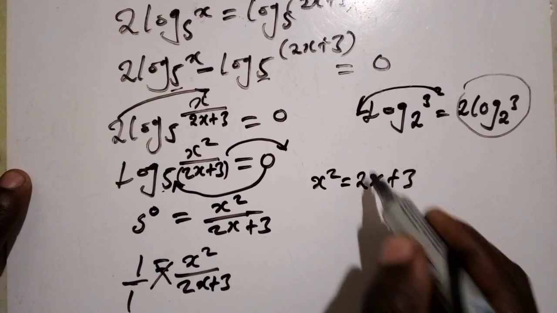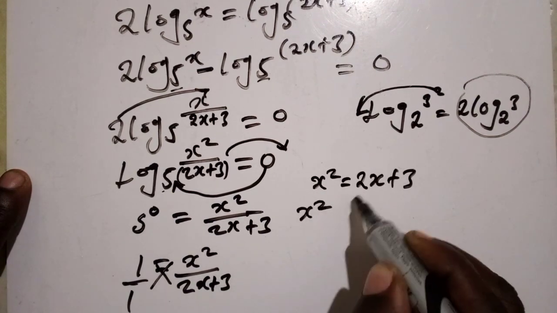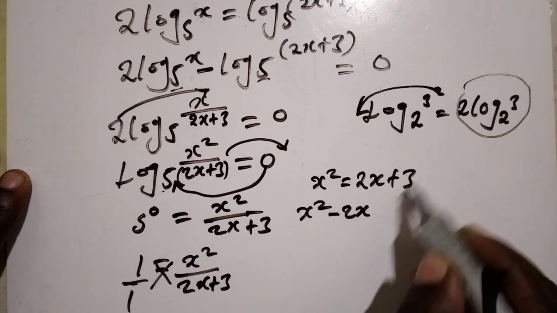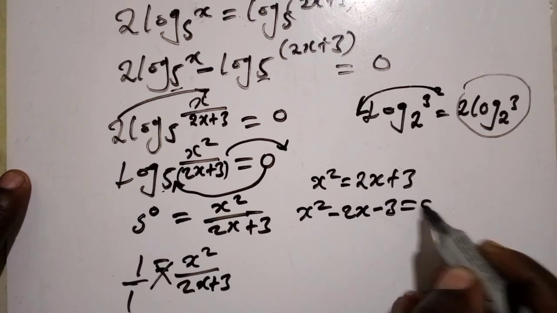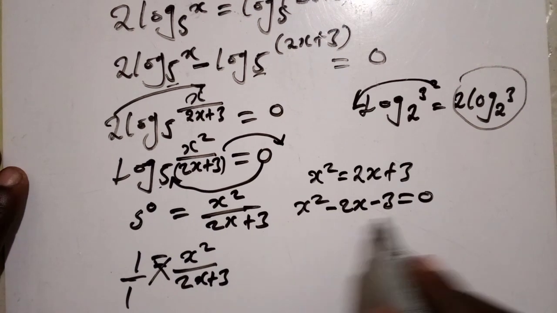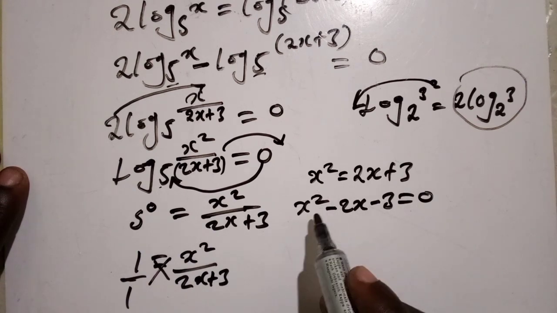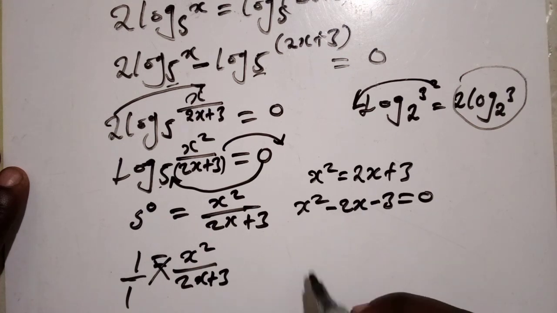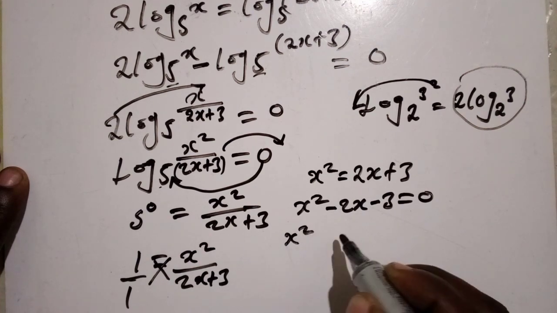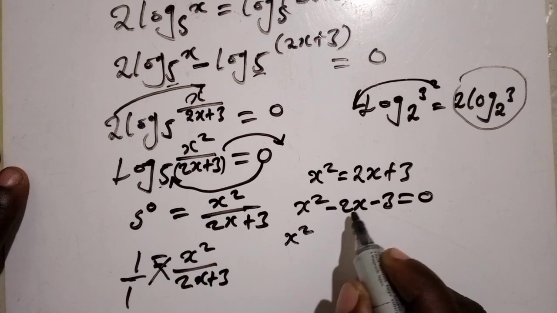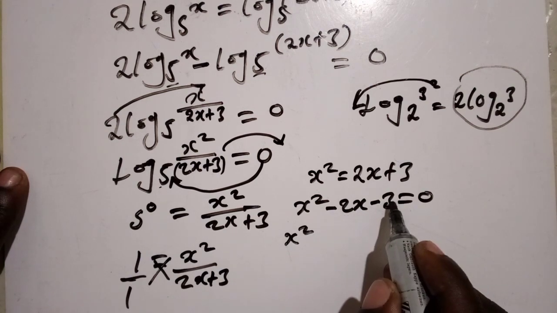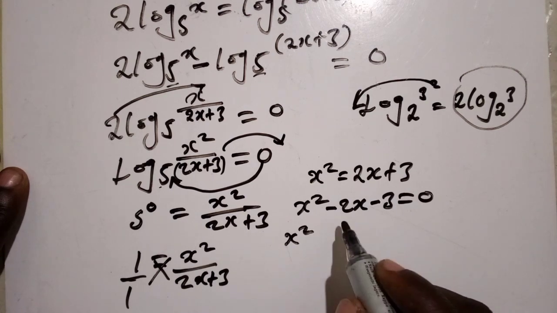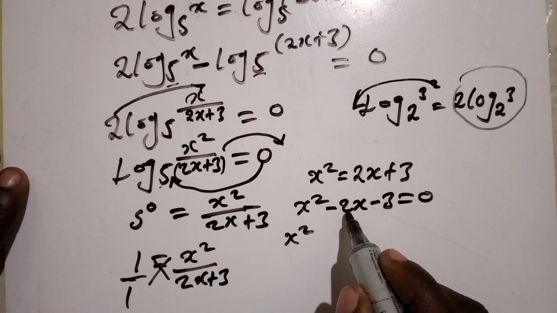Let's take all these terms to the other side, so it will be x squared. When 2x crosses the equals sign, it will be minus 2x, and when 3 crosses, it will be minus 3, which equals 0. Now we have to factorize this term, so we're looking for two numbers that multiply to give negative 3 and add to give negative 2.